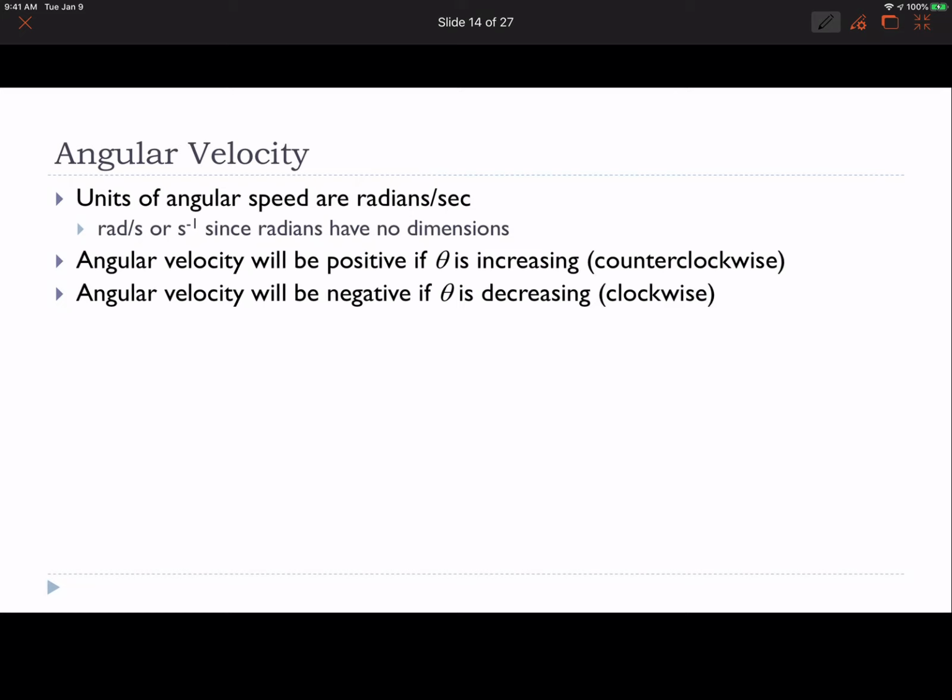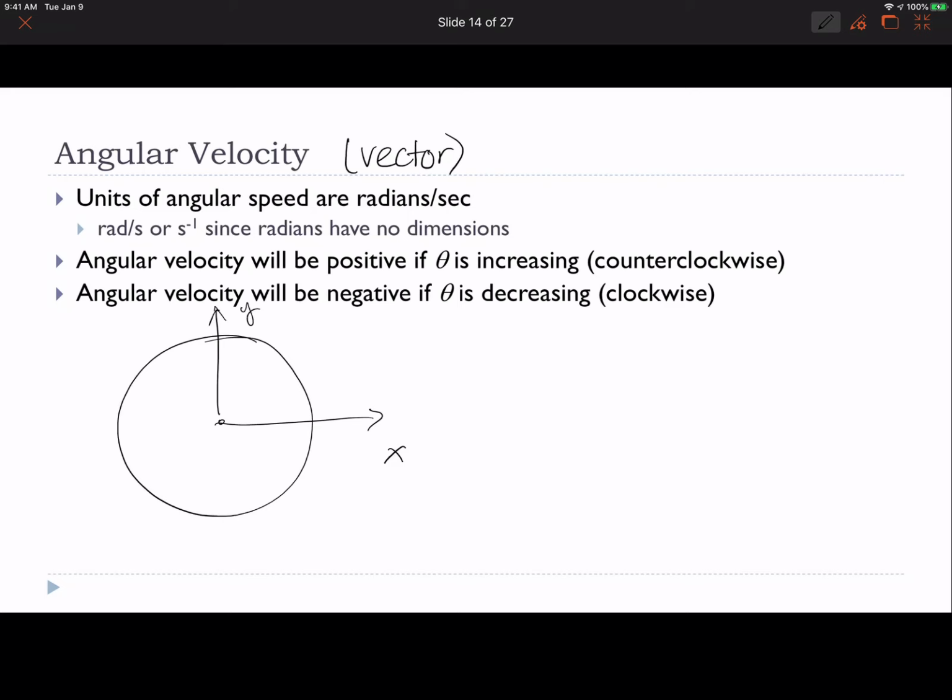Angular velocity is actually a vector quantity. So we have to think a little bit about the fact that it's a vector. When you think about an object rotating about a particular axis, let's say I have this disk here, and here's my x-axis, and here's my y-axis, and this disk is spinning in the counterclockwise direction. That's considered the positive direction. So this would be positive angular velocity.